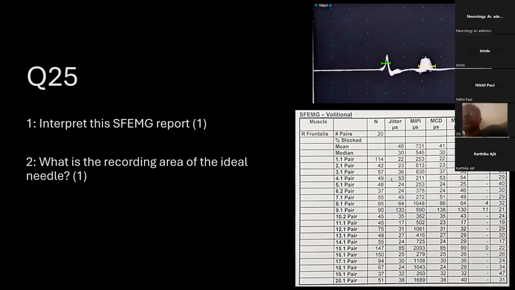What is the recording area of the ideal needle used in SFEMG? Next question.